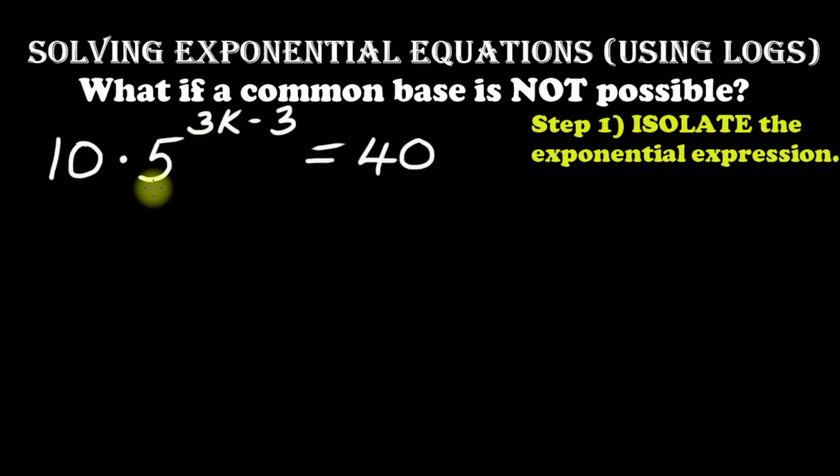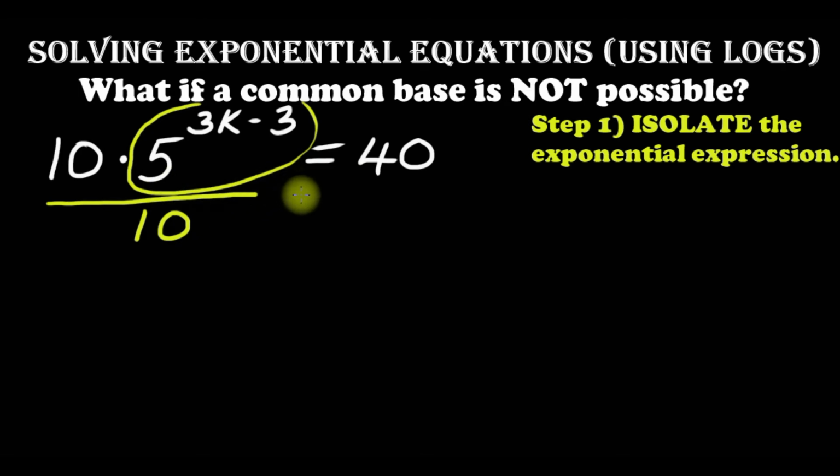Okay, so I need to get this here all by itself. So I've got to isolate that expression. So that means I got to get rid of the multiply by 10. So how do I do that? I would have to divide by 10. So if I divide the left hand side of the equal sign by 10, I got to do the same thing to the right hand side of the equal sign.